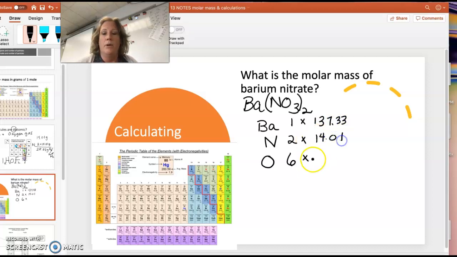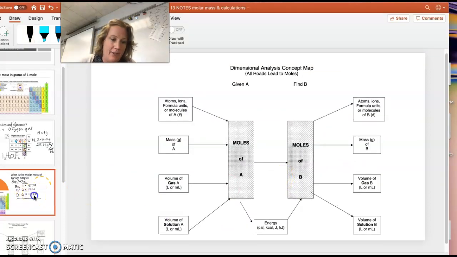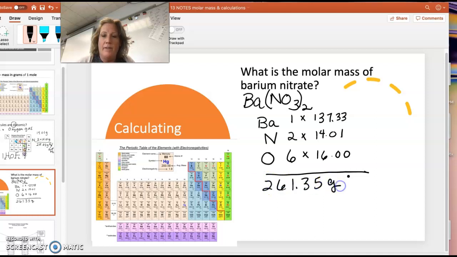Nitrogen is 14.01. Oxygen is 16. So when I add all of these, I get 261.35. That's how many grams of it are in a mole. So the unit is gram per mole.